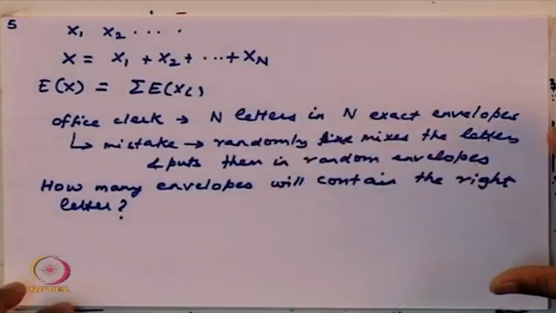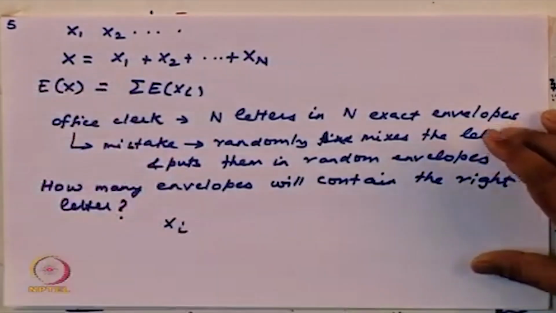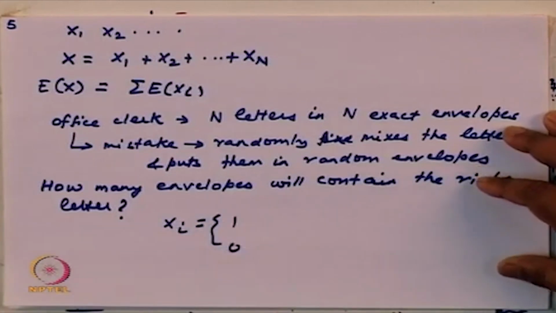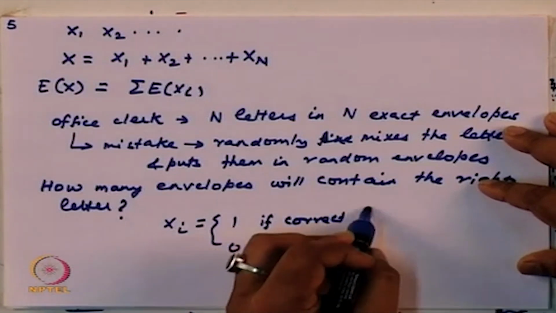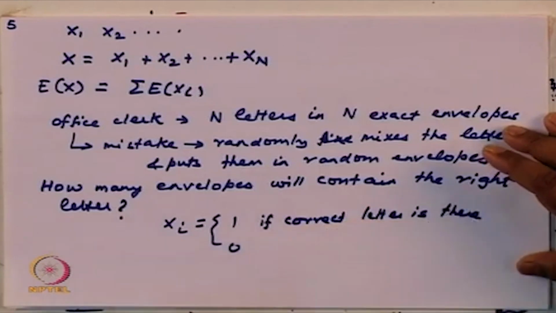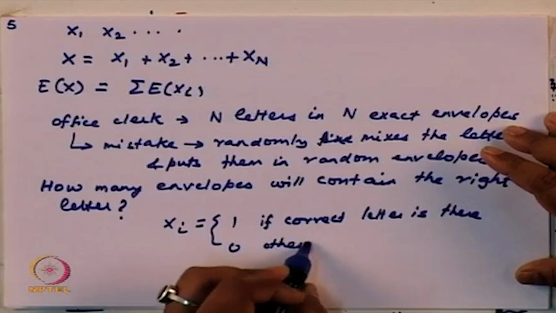You have n letters to be put in n exact envelopes. Let us define x i. x i is a random variable which can take two values, 1 if the correct letter is there, and 0 otherwise.